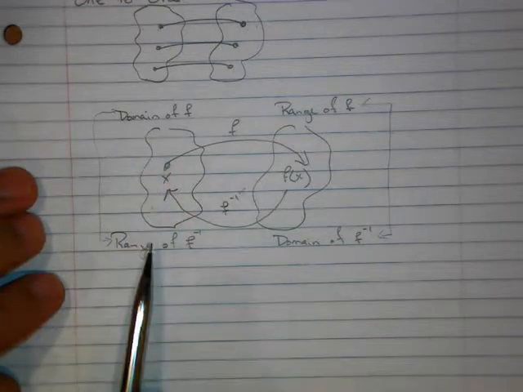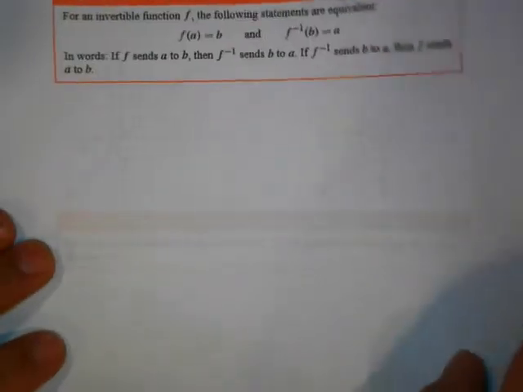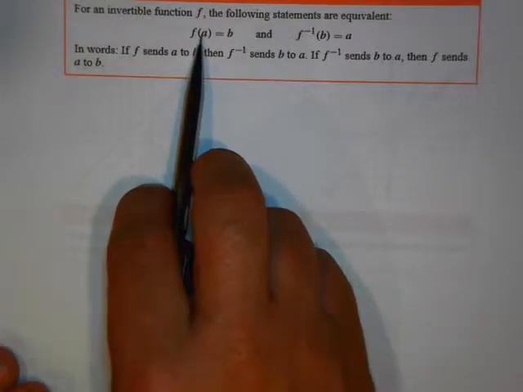So as we look at our function, what this is really saying now is if f of a equals b, then f inverse of b has to equal a because it's going that other direction.